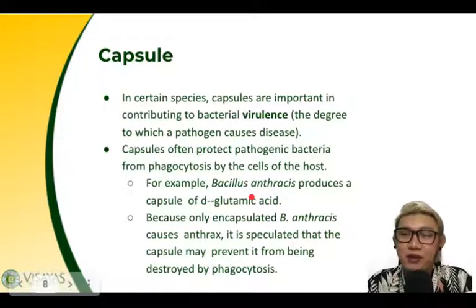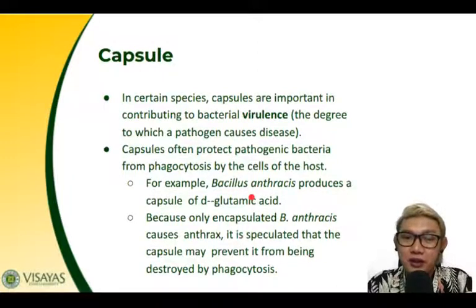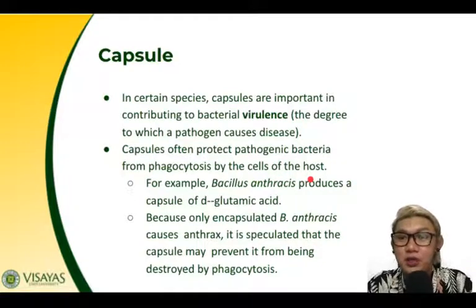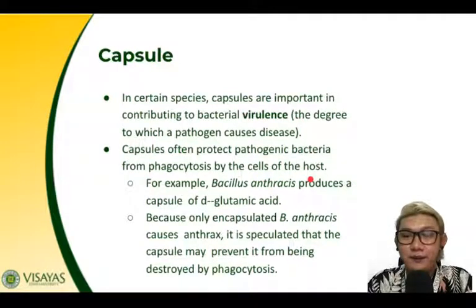Again, when you say pathogenic, we are referring to bacteria or an organism that is causing a disease. So they can protect pathogenic bacteria from phagocytosis by the cells of the host. We know that usually when a foreign or harmful bacteria enters our body, it is the phagocytic cells, usually macrophages and other types of cells, that will eat, digest and kill this bacteria.